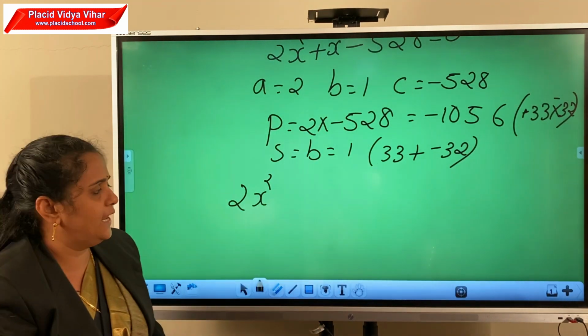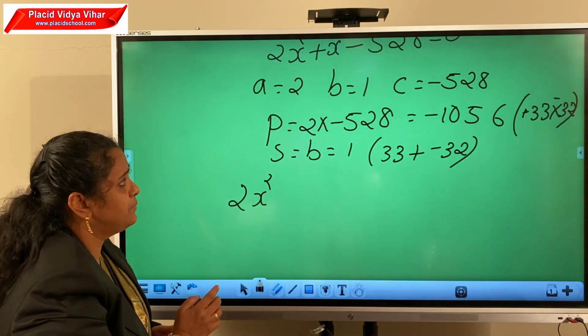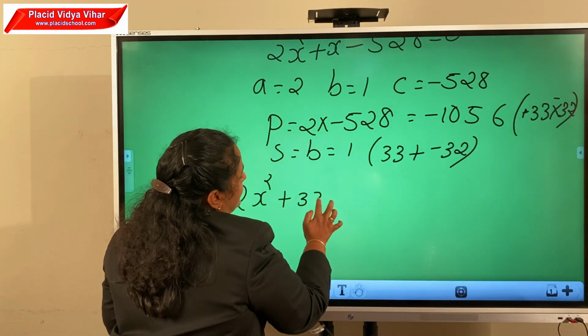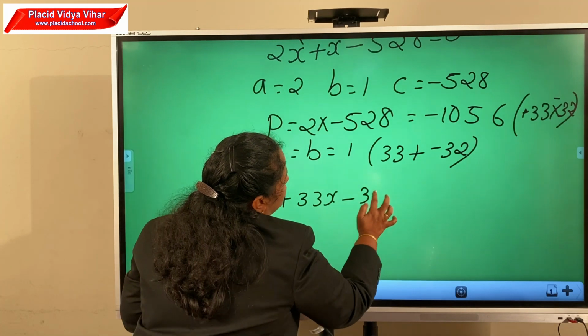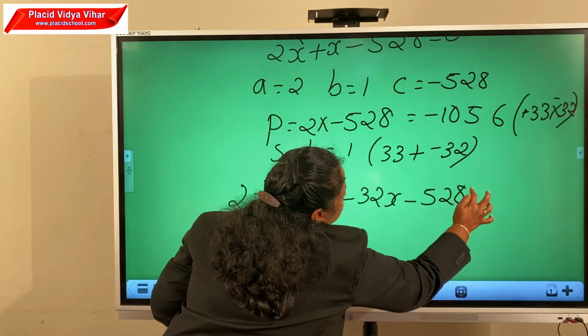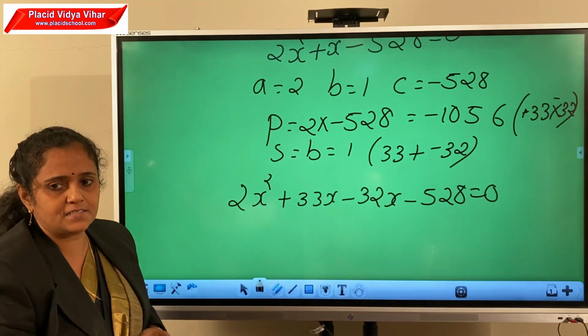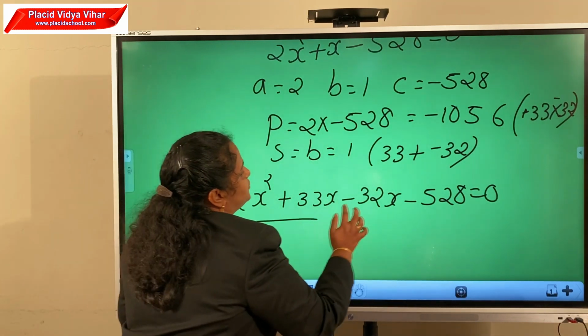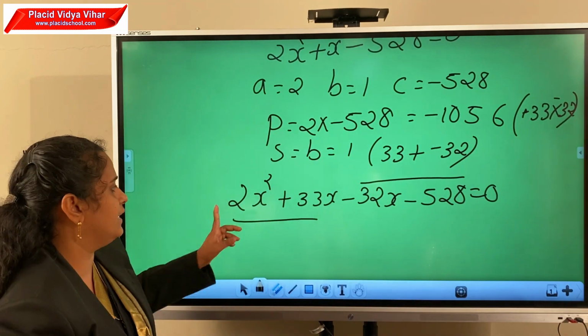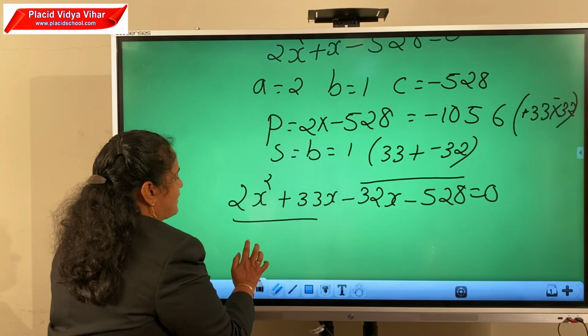We can split only the middle term. The first term stays the same. The middle term can be written as plus 33x minus 32x minus 528 is equal to 0. Then we can factorize this and group the first two and last two. The first two terms, what can we take common? We can take x common.